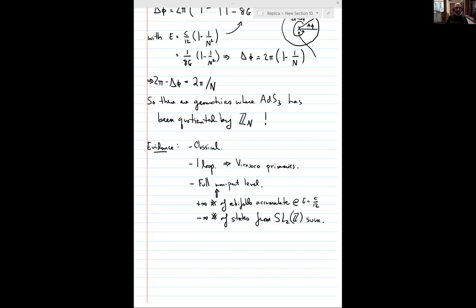Their energies are all of order the central charge, whereas a bulk scalar field would have energy of order 1, at least if its mass is of order 1. Unless its mass is of order 1 over h bar, right? You could add a scalar field, but that's not a perturbative scalar field. Yes. So these are all very non-perturbative. That's an important thing to keep in mind. So you can't build Fock spaces out of them. You can't build bound states. You kind of can't do anything with them.